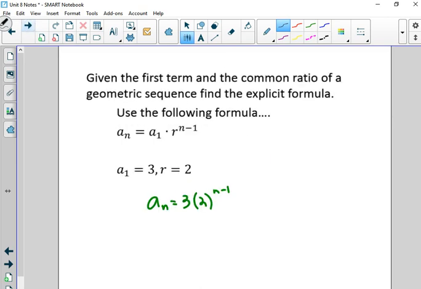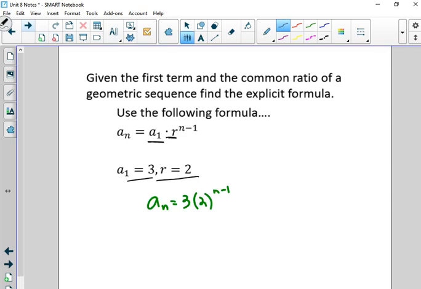Very similar concept. Now this time, given the first term, which is a1, right here, and the common ratio, which is this, find the formula. Just substitute in the numbers we know. 3 goes there, 2 goes there, that's it.